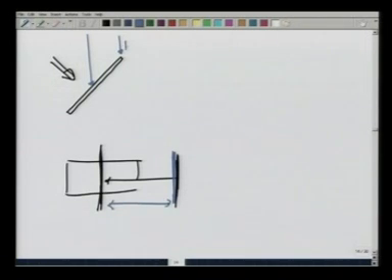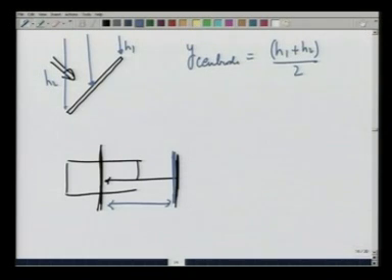So if this is h1, this is h2, y centroid is going to be on the line in the middle, which is h1 plus h2 divided by 2, and therefore P average is going to be equal to rho g times (h1 plus h2) divided by 2.